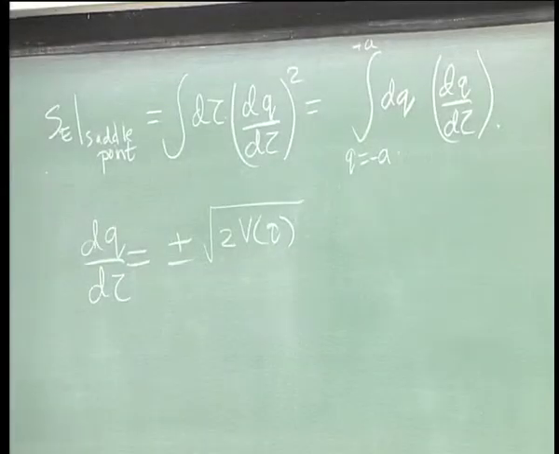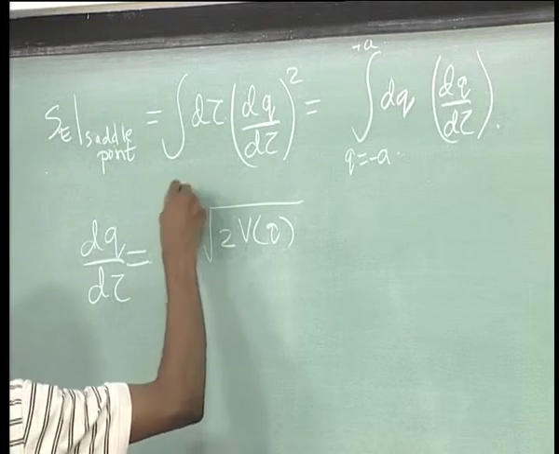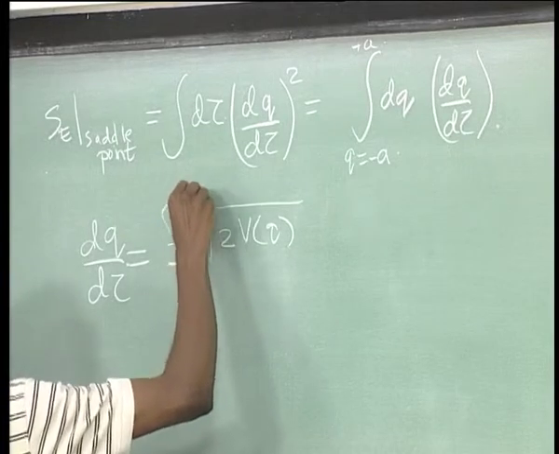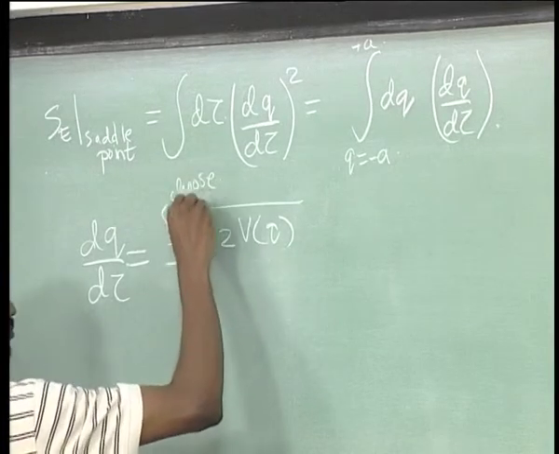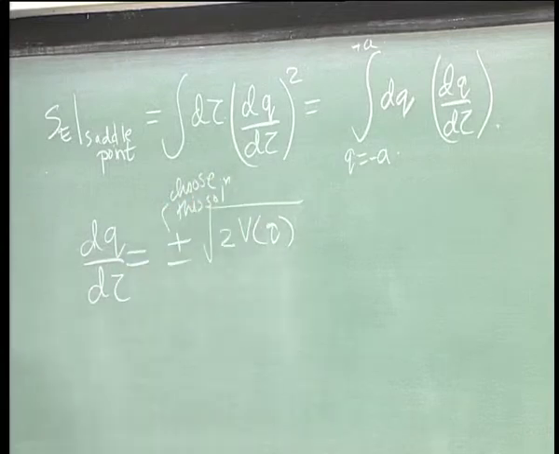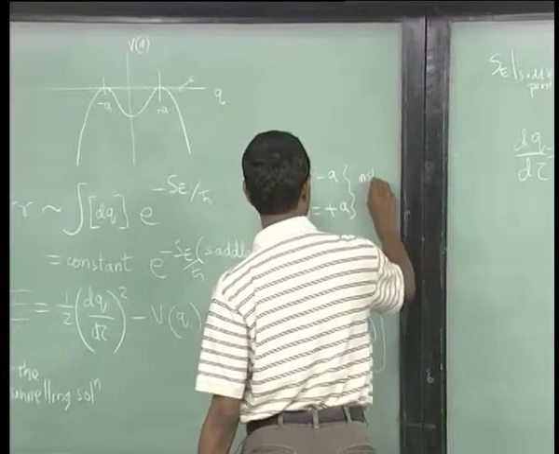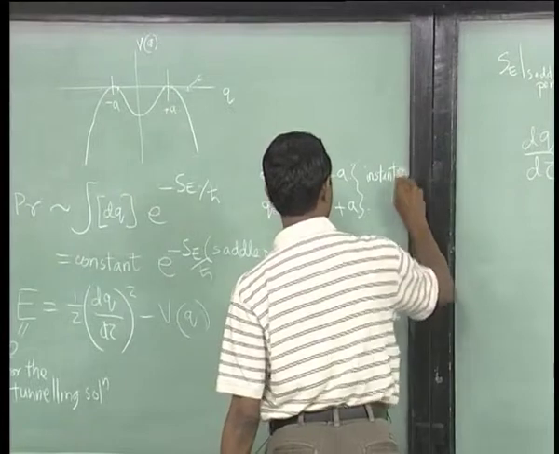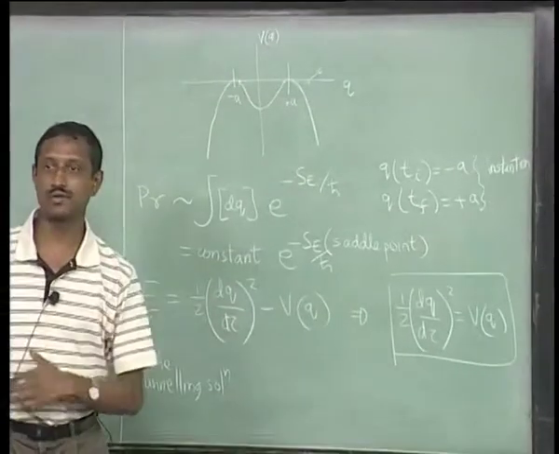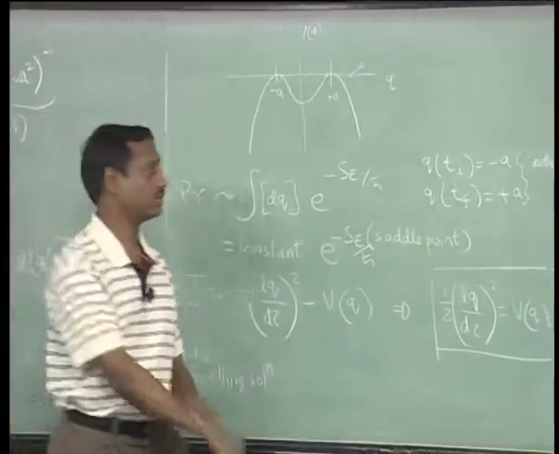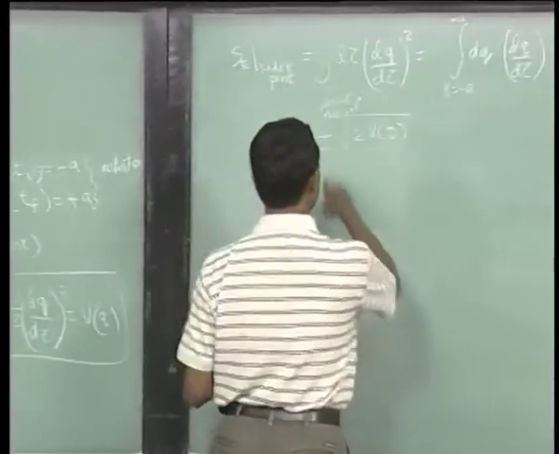Okay. So, we will choose this. Let us call this an instanton, and the opposite guy we will call anti-instanton. Okay. So, we just have to choose this.